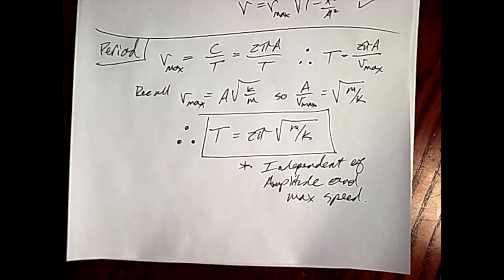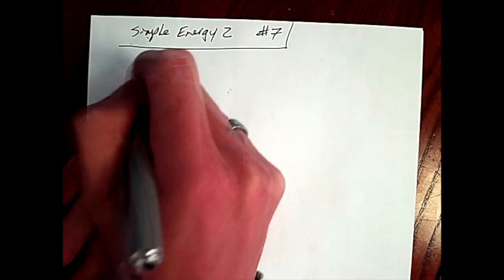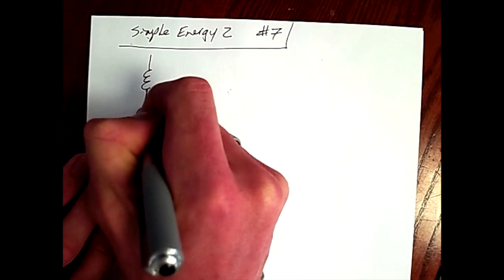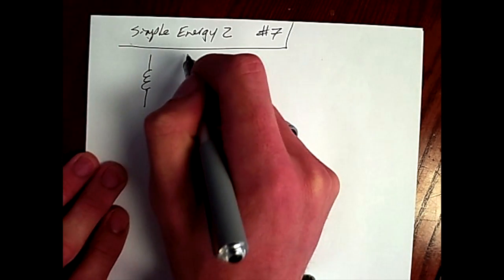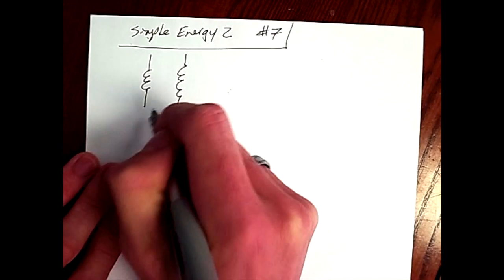So let me show you an example from your homework in the last minutes here. There was a homework problem on the simple energy assignment that gave you a spring like this. They then said if I add a mass to it, it stretches out some distance.